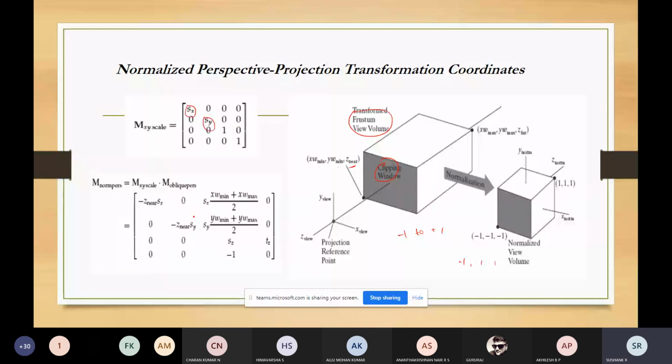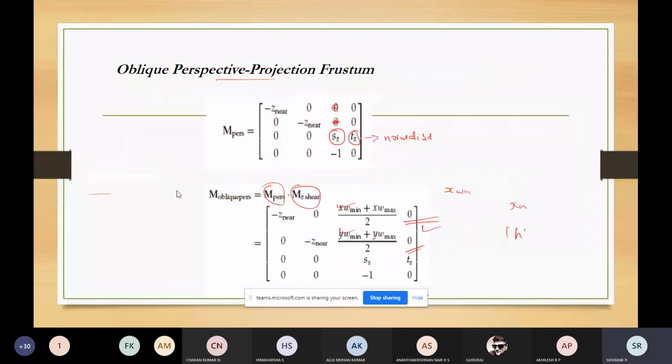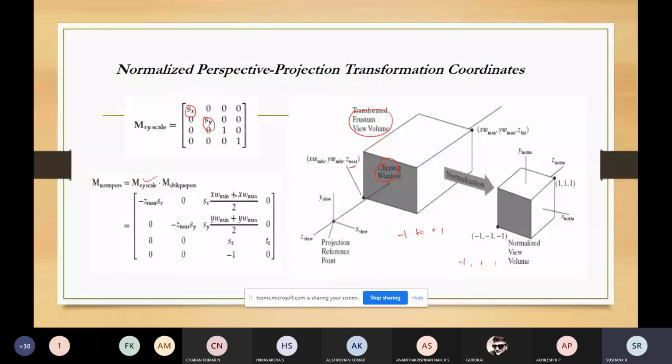Joining the scaling matrix with the one which we derived earlier, we will get the final transformation matrix, which is given here.